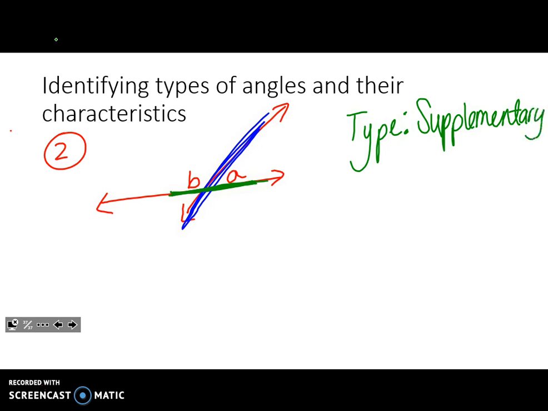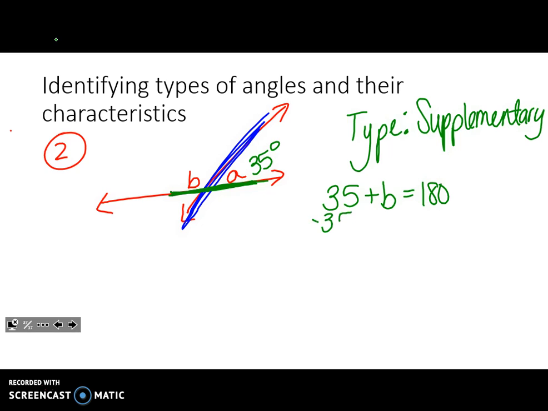Then if I told you that angle A was 35 degrees, since we know that supplementary angles equal 180, we can take 35 plus B and set it equal to 180.